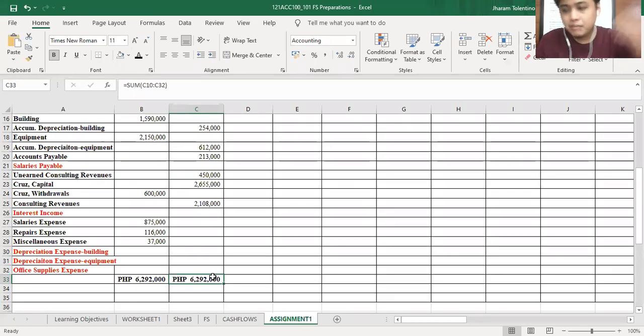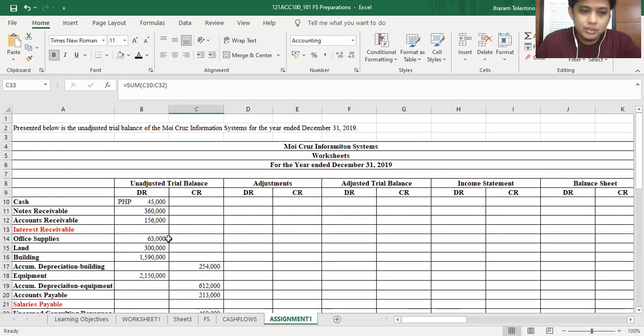Bakit? Pag mali yung start mo, mali na lahat. Most of the time, if we're going to check kung saan tayo nagkamali as a student, you will find out that the mistakes came from the transfer from an adjusted trial balance to the financial worksheet. So, yun ang unang-una yung gagawin.